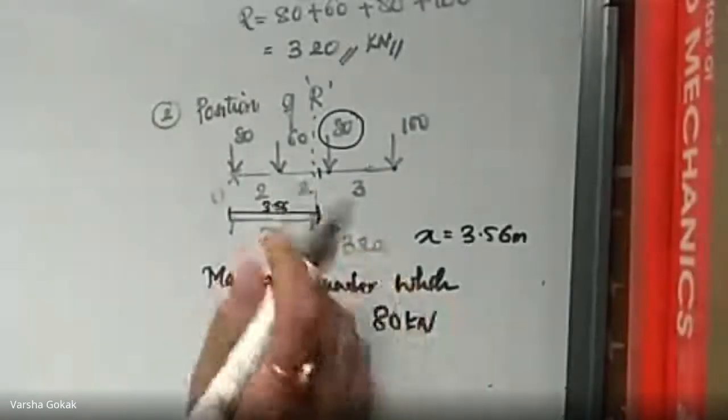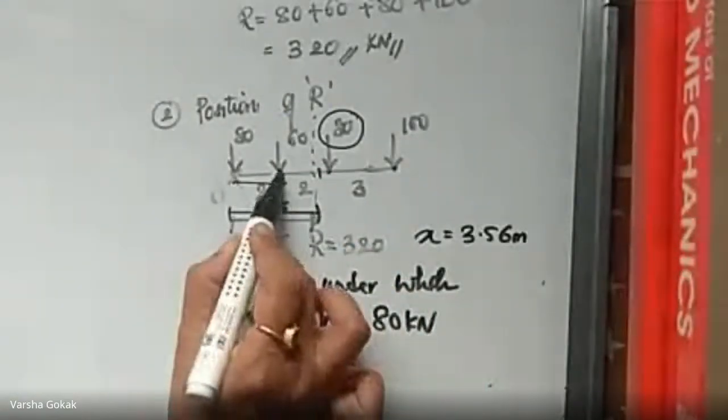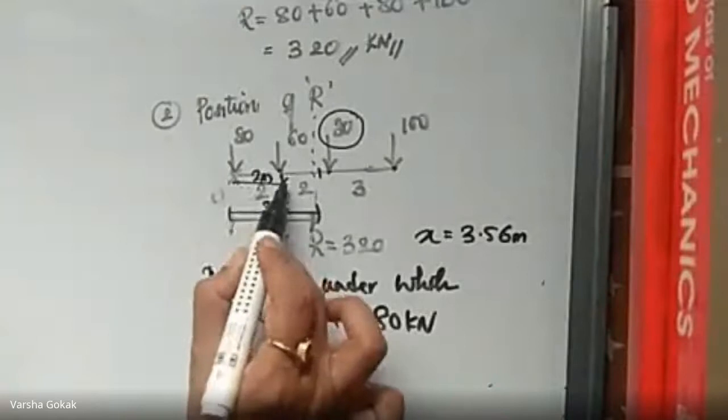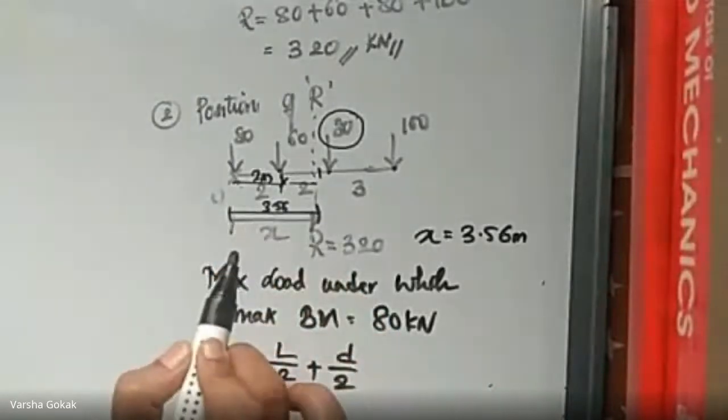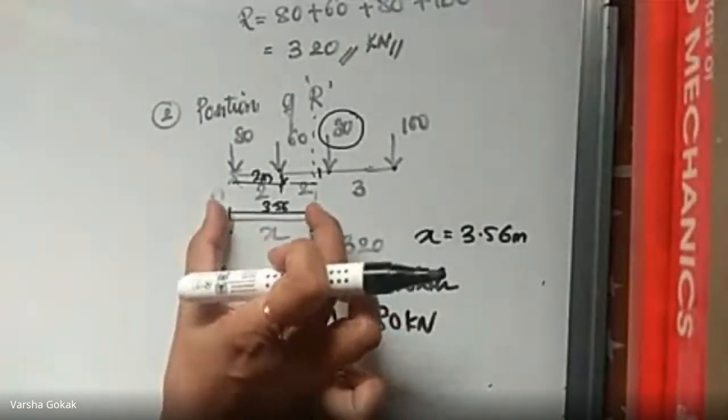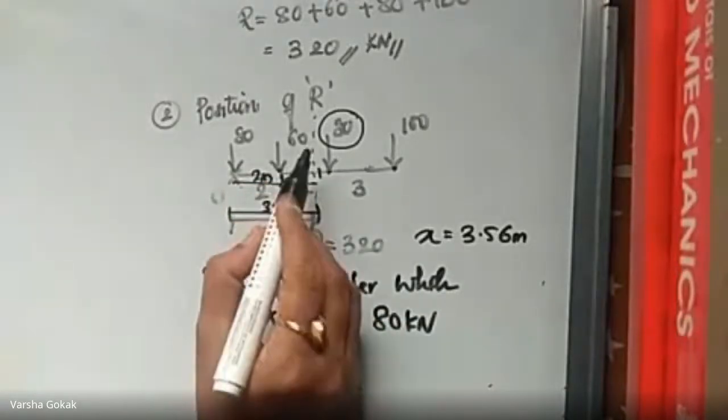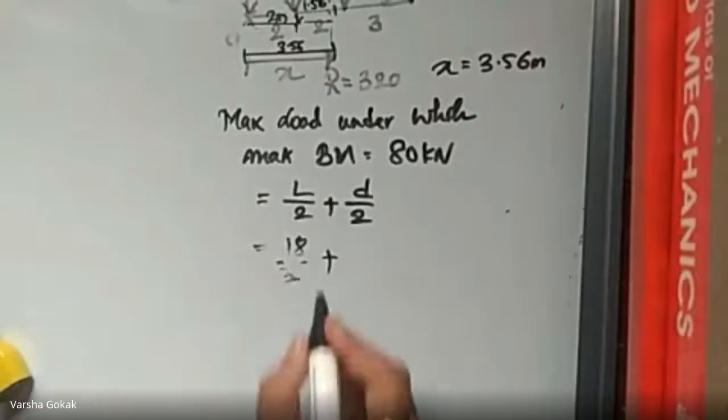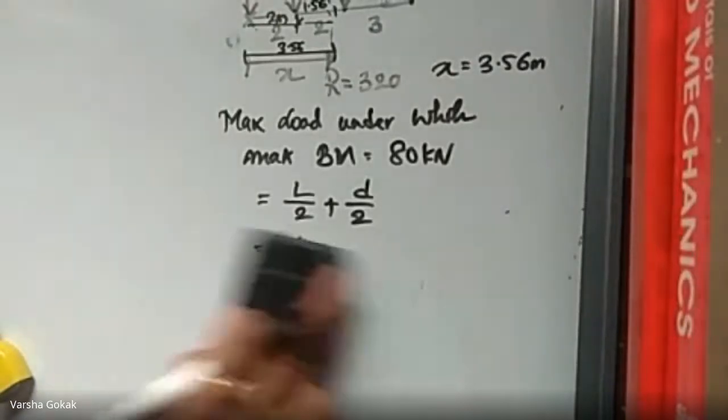So what would be this remaining distance from the resultant? 3.56 minus 2, how much is it? 1.56. Correct? So 1.56 is going to be our D value.